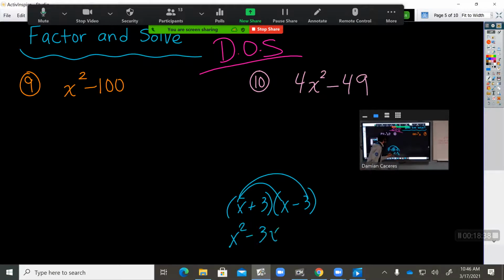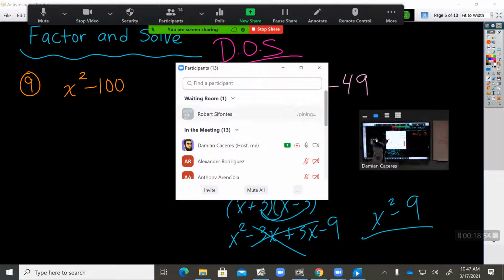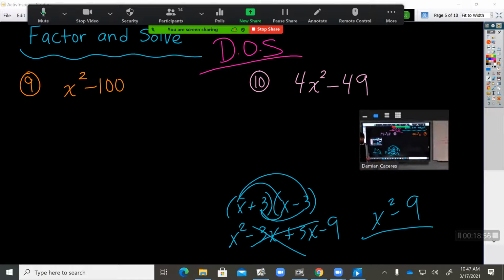X squared minus 3x plus 3x minus 9. Now what happens to the middle term? Negative 3x plus 3x is 0. So you're left with x squared minus 9. That is a difference of squares.